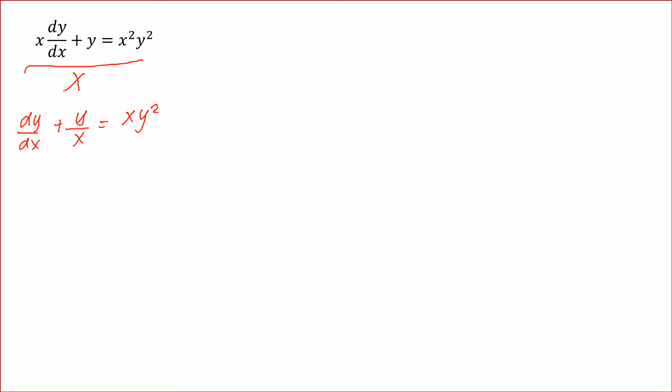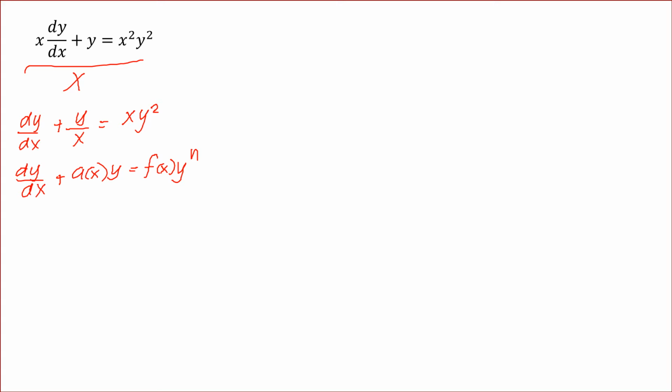Take note, this takes the form of Bernoulli's equation, where a of x is 1 over x, and y, then f of x y to the power of n. Take note that your n is 2.